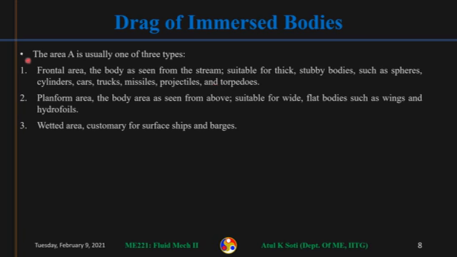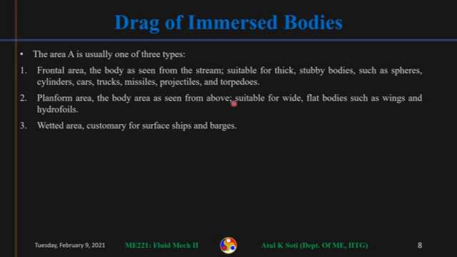It depends on what kind of body we are studying, and this has just been defined in the literature like that. So if you are studying flow around a cylinder or a car, then in the definition of drag coefficient we can use the projected area of that object.